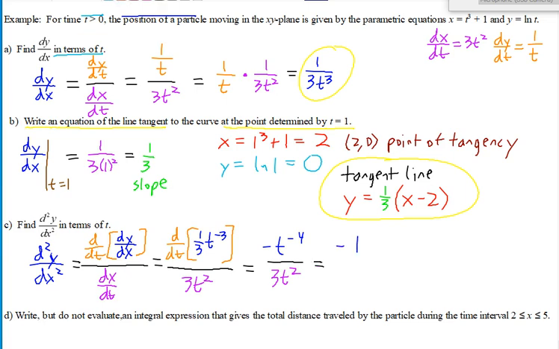So we have negative 1 over 3t squared, and then t to the fourth, which you can combine by adding the exponents. So we get our final answer for the second derivative in terms of t again: negative 1 over 3t to the 6th.